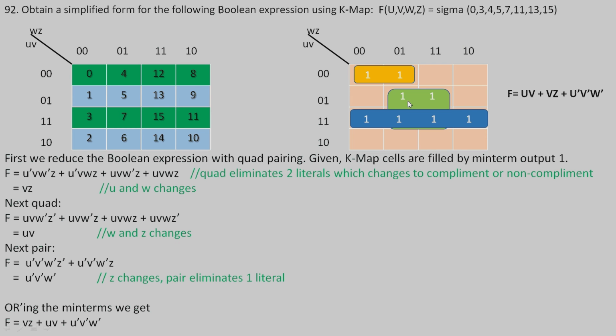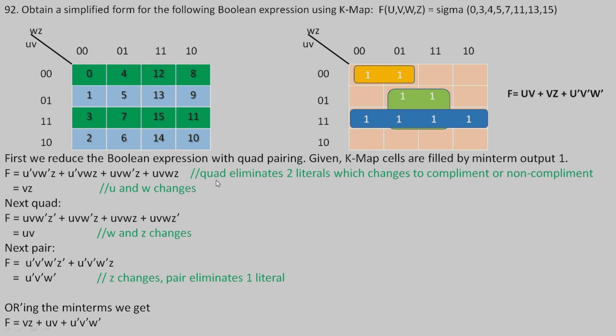Similarly, this cell has u complement v, and then w and z have 1 1, so they remain the same: u complement v w z, plus the next quad minterm. So u v, and then w is 0, so w complement z. Plus here u and v are 1 and w and z are also 1 for this particular cell, so it remains the same, u v w z.